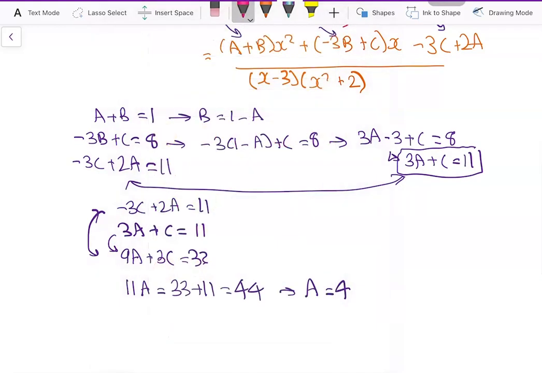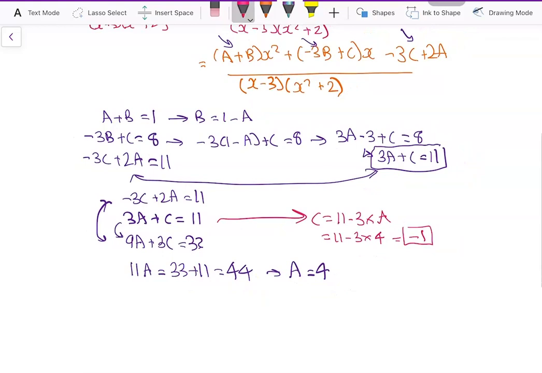And now c is equal to 11 minus 3 times a, which is 11 minus 3 times 4, which is negative 1. And now finally b is equal to 1 minus a, which is equal to 1 minus 4 equals minus 3.